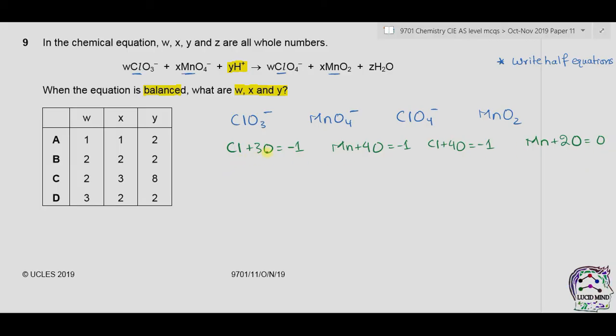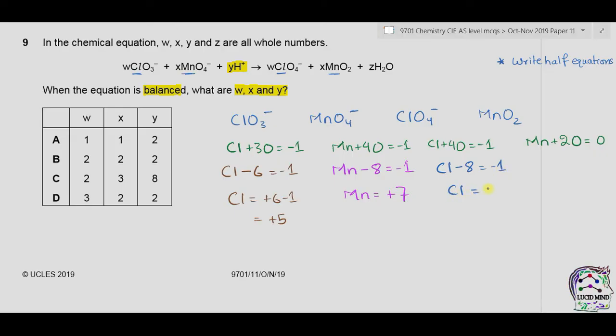For oxygen atoms, the oxidation state is -2. So for 3 oxygen, it will be -6. So chlorine will become +5. Similarly, in this compound, we have 4 oxygen atoms. So the charge will become -8, so Mn will become +7. In ClO4, we have 4 oxygen atoms.